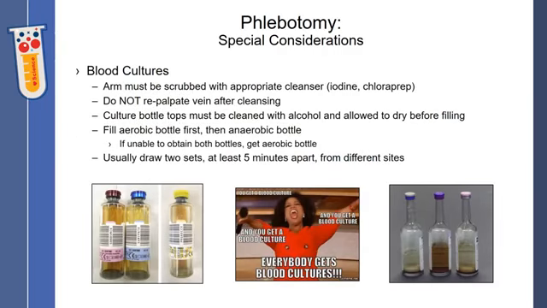Blood cultures. Blood cultures have some special rules for when you're collecting them. First, you want to make sure the skin has been scrubbed with an appropriate cleanser. Scrubbed. If it's not properly scrubbed, the blood cultures can become contaminated. So this can result in a really costly workup in micro and potentially lead to unnecessary treatment for that patient.